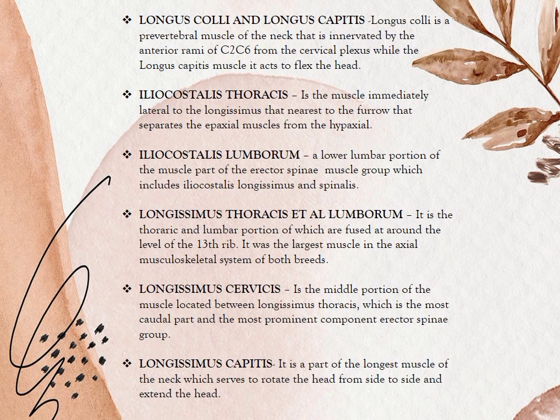The lateral branches of the posterior primary divisions of the lumbar and lower thoracic spinal nerves innervate this muscle, which stretches and laterally flexes the thoracolumbar spine.